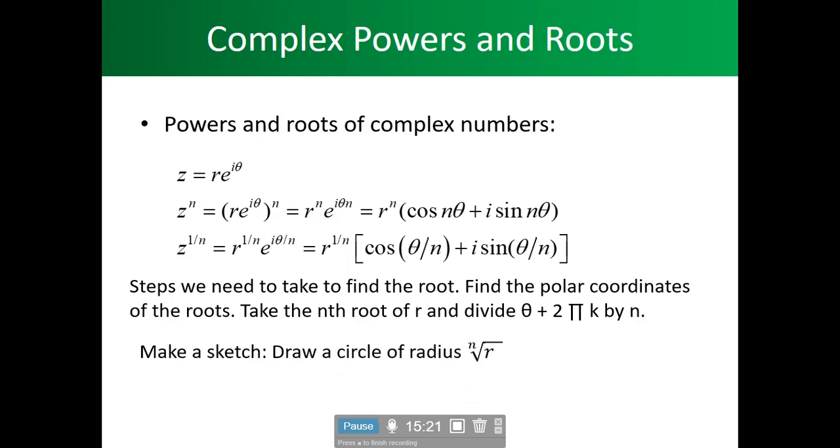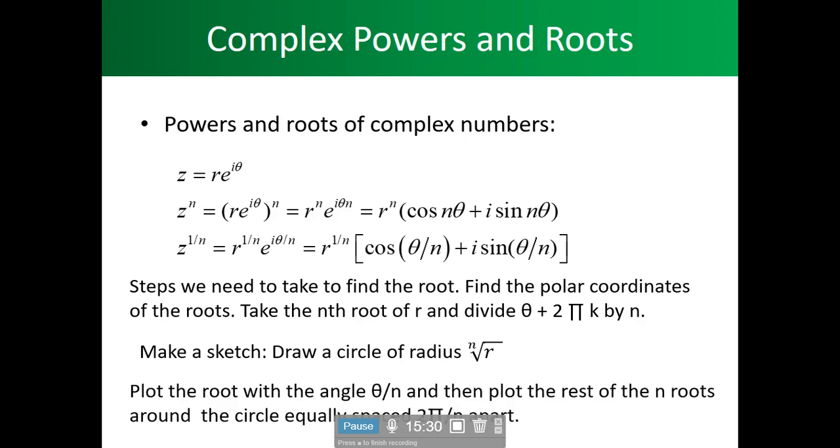Also, you want to make a sketch and draw a circle of the radius so you can make sure it's in the right quadrant and that it makes sense. Also, you want to plot the root with the angle, and then plot the rest of the n roots equally around the circle.